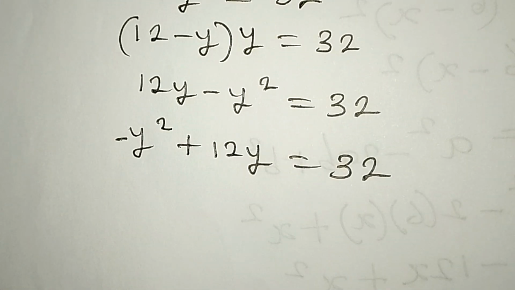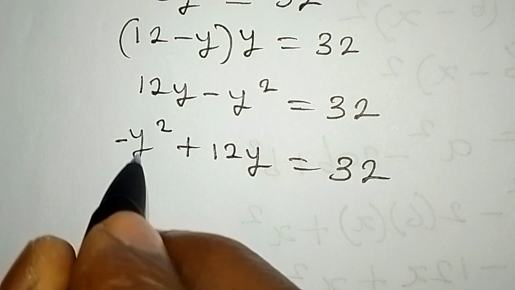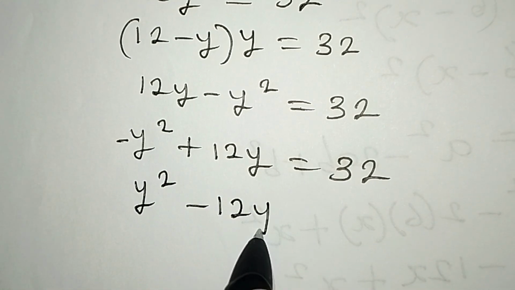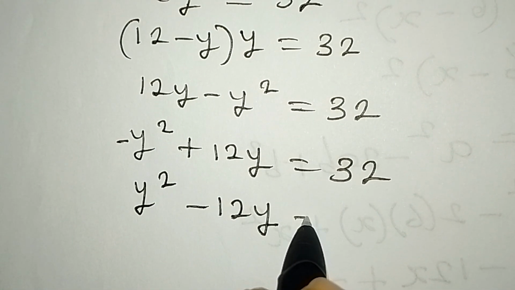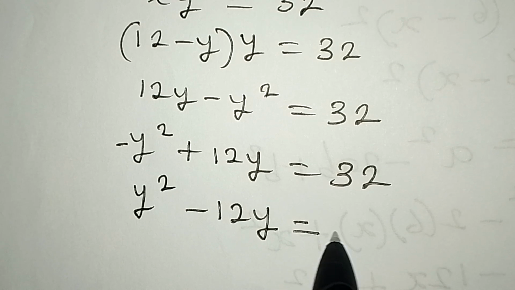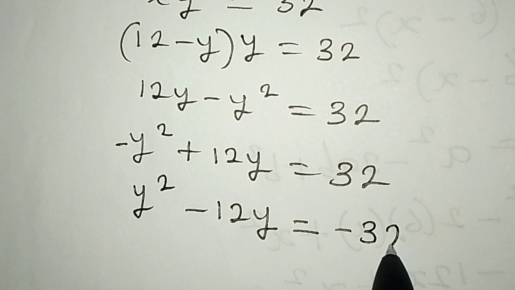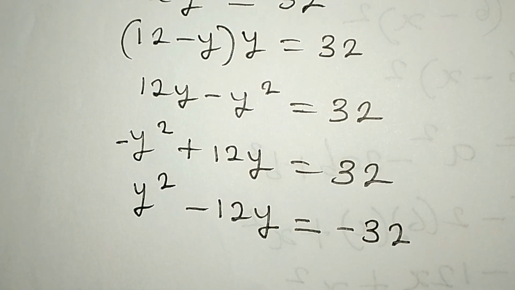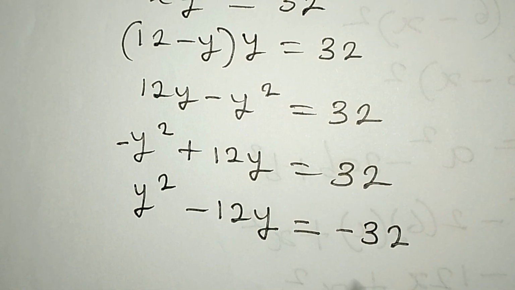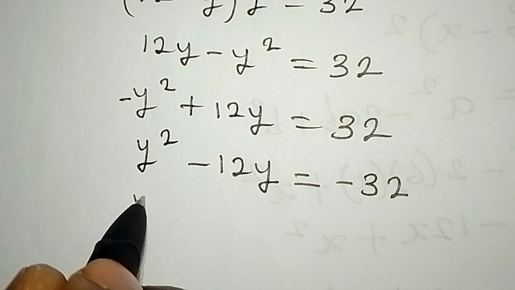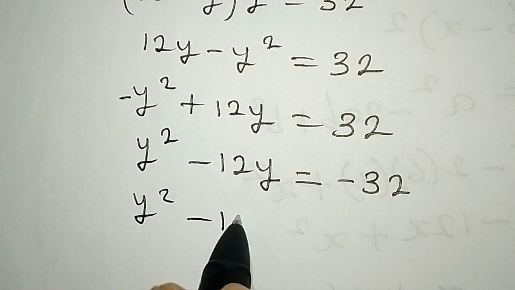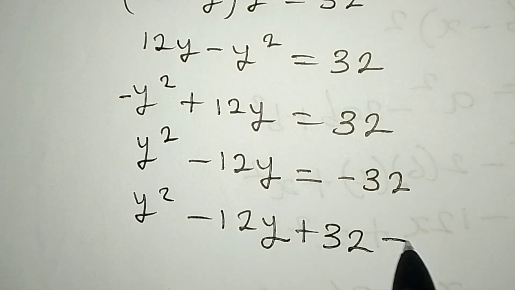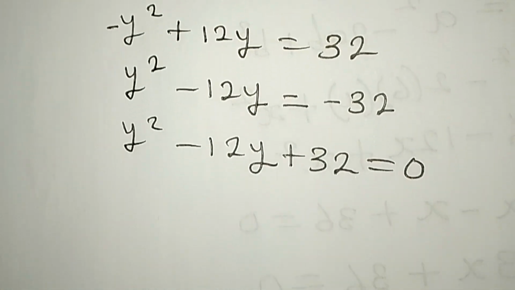Now y squared will come first, minus 12y, equal to negative 32. So the negative is multiplying everything. Now let's bring this to the left, so that y squared minus 12y plus 32 will be equal to 0.